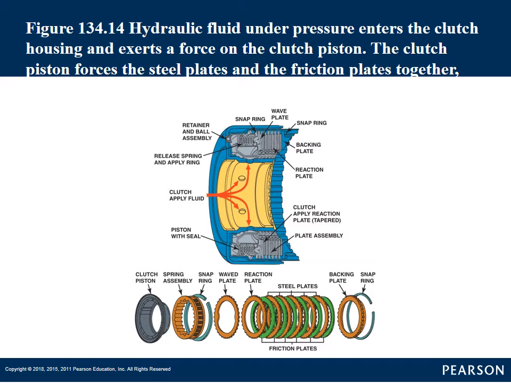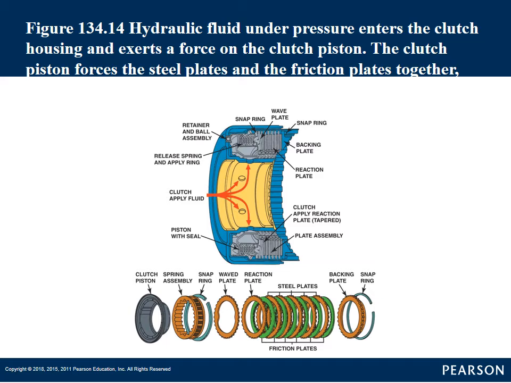A lot of times these pistons are just a thinner cast steel piston, and then we use that to apply the clutch pack. Then you have your spring assembly, and then the snap ring holding the spring assembly in.